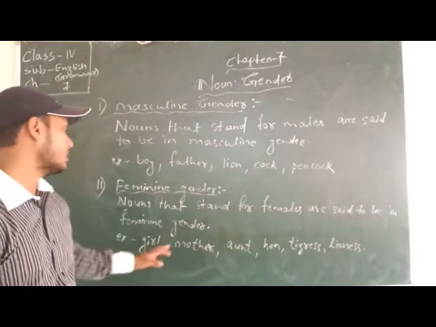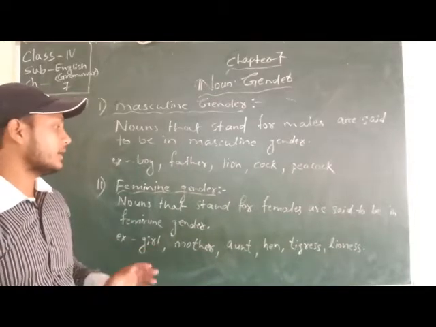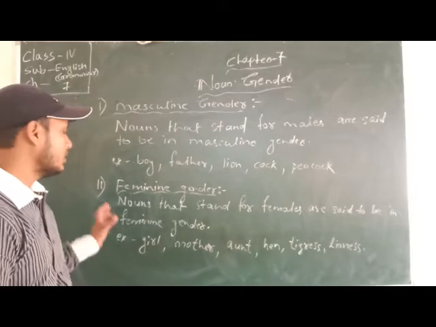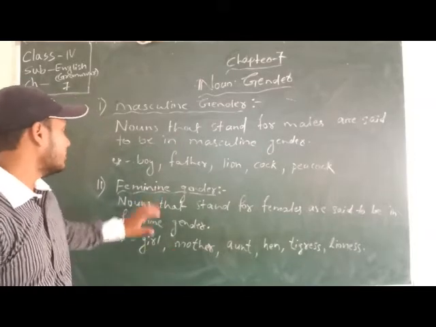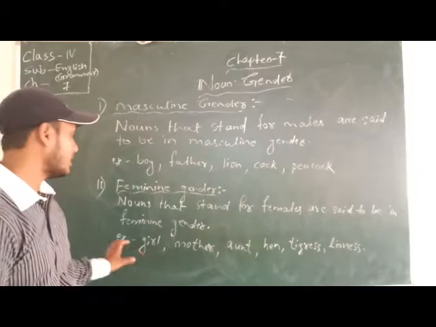For example, girl, mother, aunt, hen, tigress, lioness, and so on. These all come under feminine gender because they are all females.